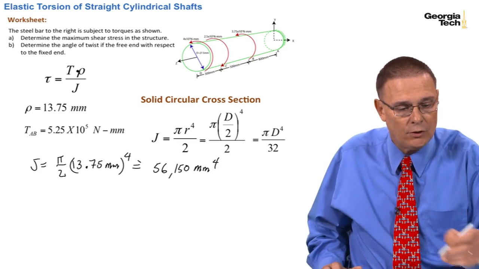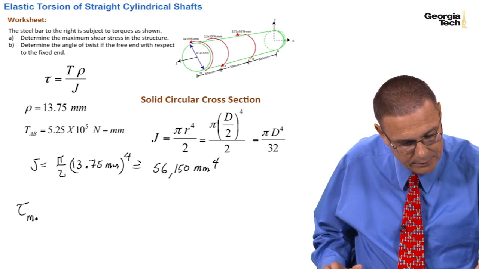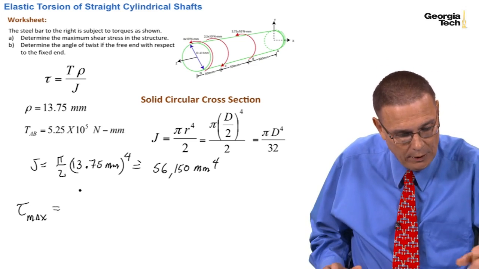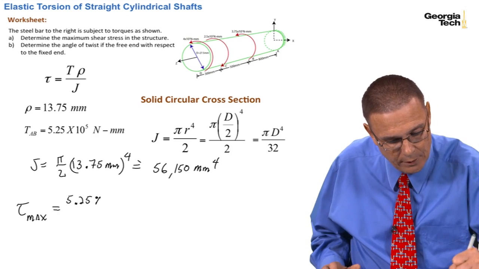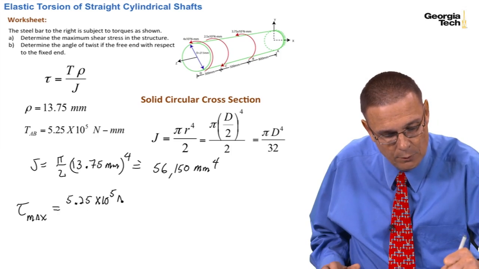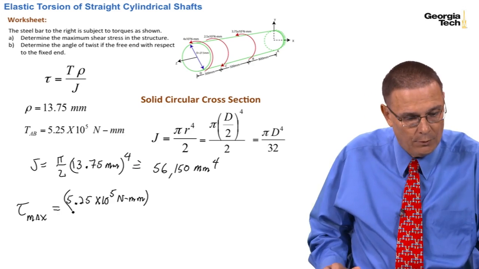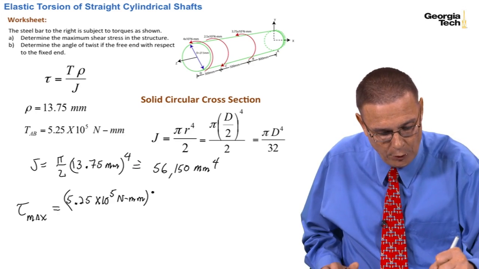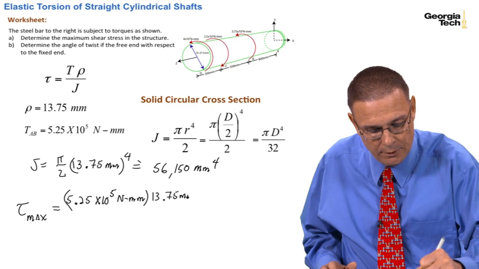So I've got all my terms to find tau max now. So tau max equals max T, which we found was 5.25 times 10 to the 5th Newton millimeters. We have our rho at the outer surface, which is 13.75 millimeters.